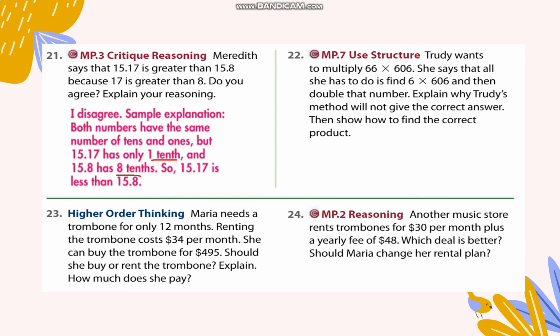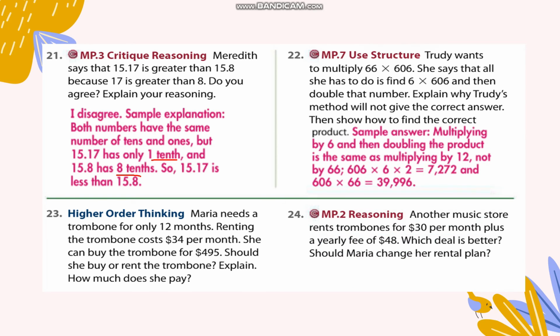Number 22. Trudy wants to multiply 66 multiplied by 606. Then she says that all she has to do is to find 6 multiplied by 606 and then double that number. Explain why Trudy's method will not give the correct answer. Then show how to find the correct product. So the answer is multiplying by 6 and then doubling the product is the same as multiplying by 12, not by 66.